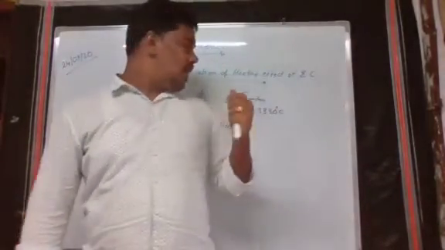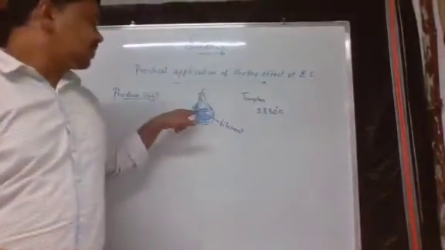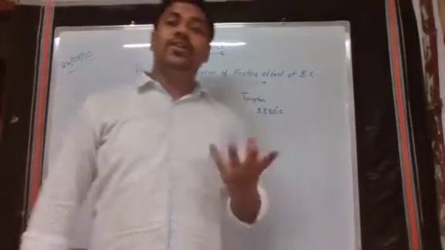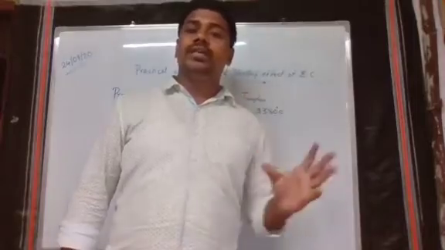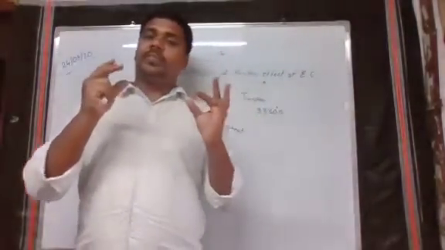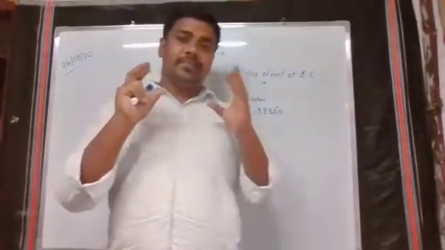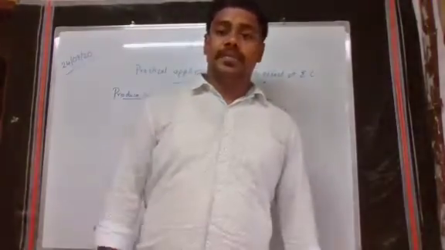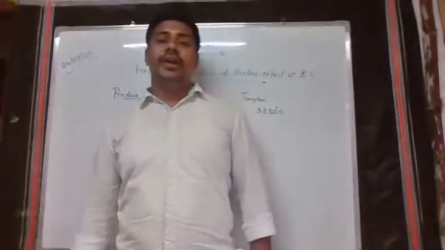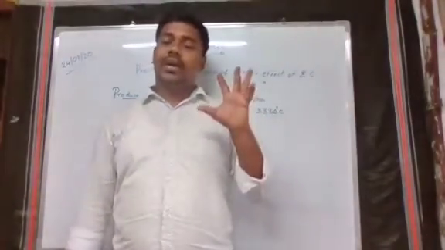In the case of electrical energy consumed here, most of it will be used as heat. If you see the bulb when it is burning, the filament is burning very red. That means the melting point is 3,380, so that much it is burning.